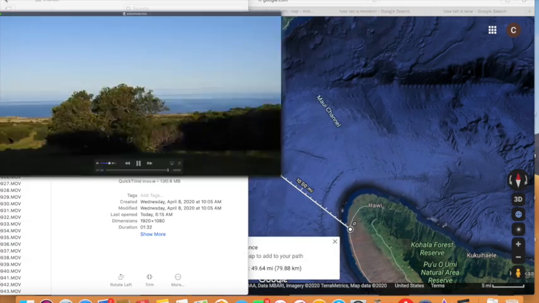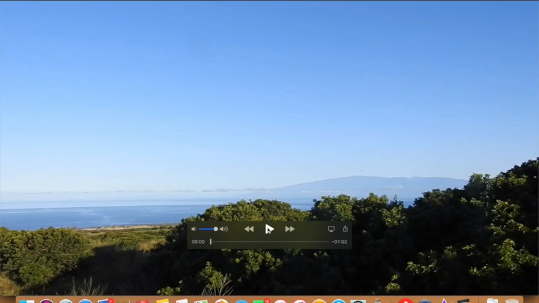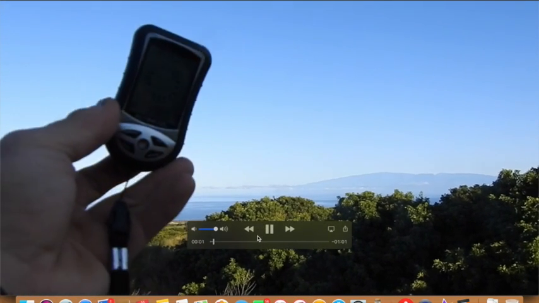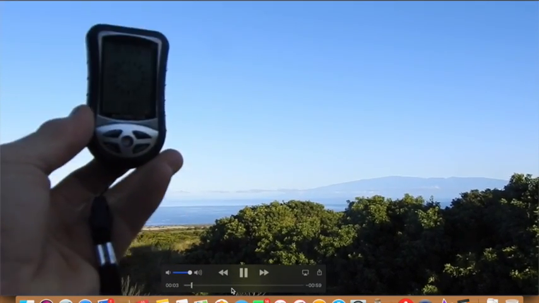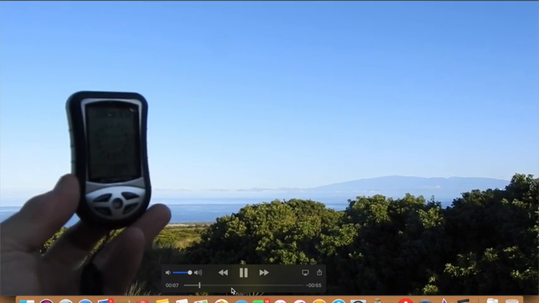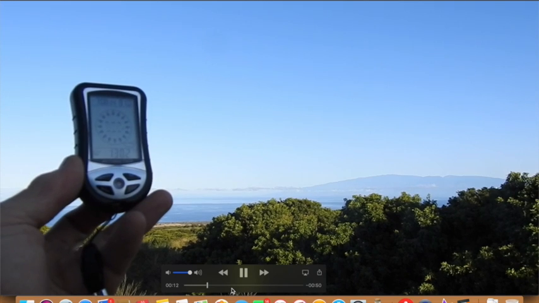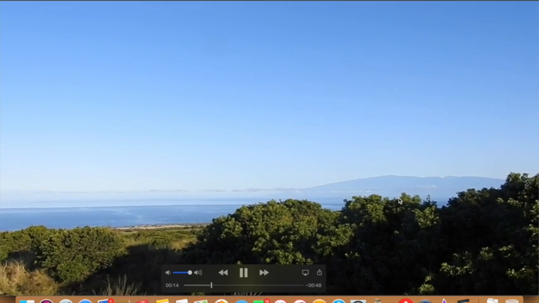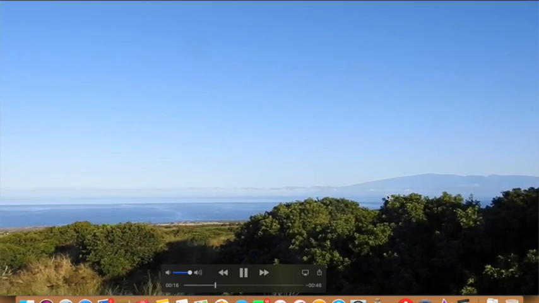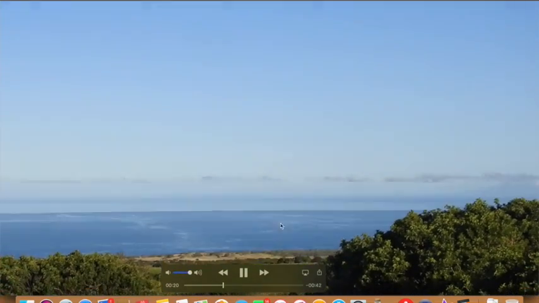Next one. Hike down a little bit more. What do we got? 1,305. Okay, it makes sense because I hiked down about 100 feet or so. Here's Maui. And we'll still be observing.